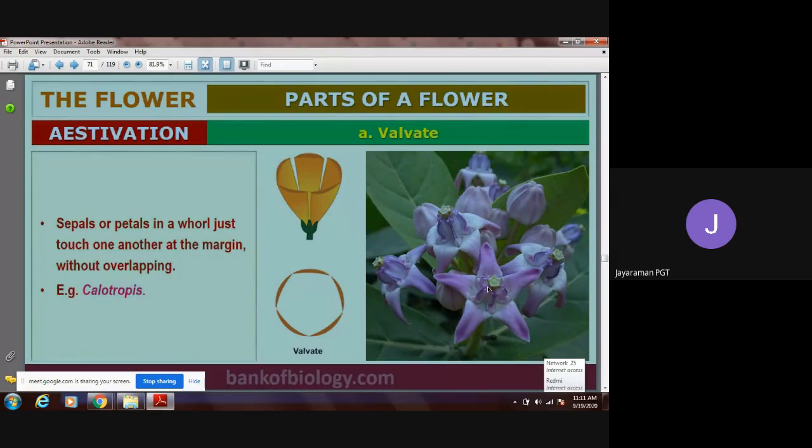This is called valvate distribution, without overlapping. If it is overlapping, it is known as twisted. So the petals just touch each other. This is known as valvate distribution, in calotropis or tomato.